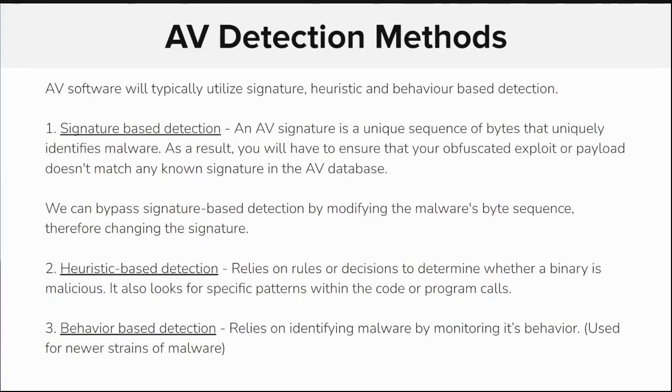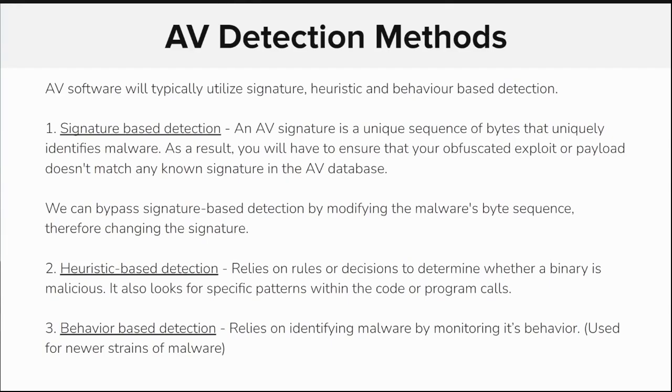So the way signature-based detection works is the antivirus software has a database of virus signatures or malware signatures, right? And so what is an antivirus or a malware or virus signature? A virus signature is a unique sequence of bytes, or rather a unique string of text, that uniquely identifies malware or files or executables that are malicious.